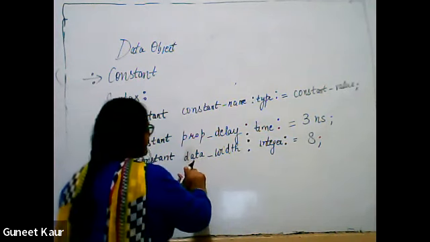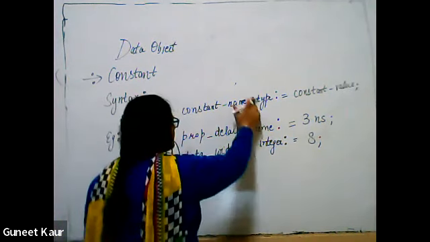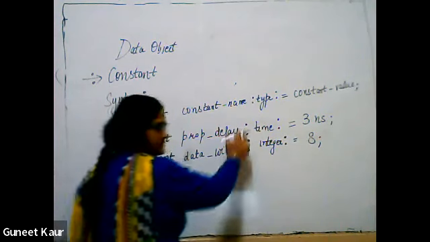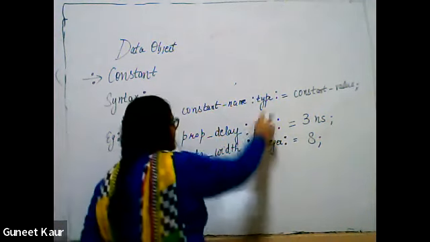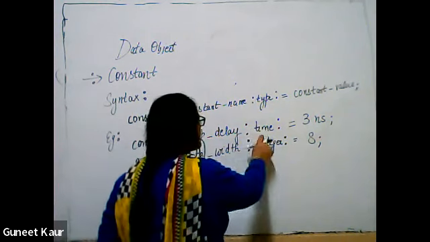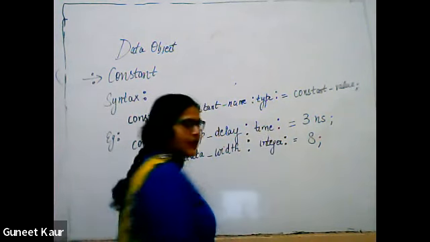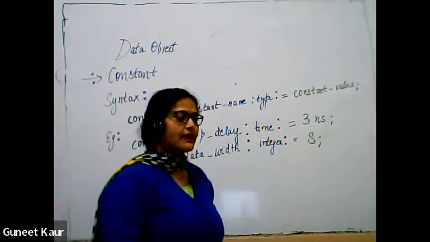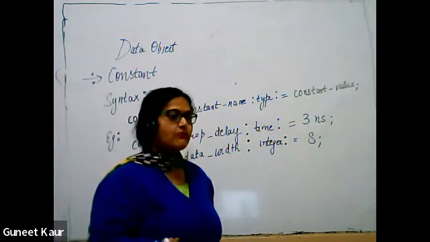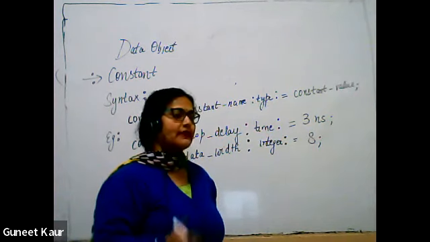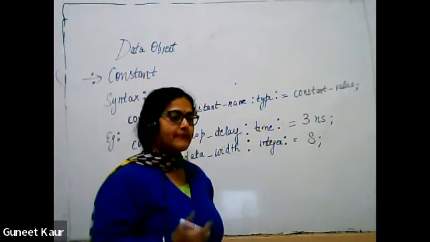Next constant name in this example is data_width, then colon is put over here, then type. Prop delay is of the type time, because propagation delay is always given in time. So that's why the type used for prop_delay will be the time type.